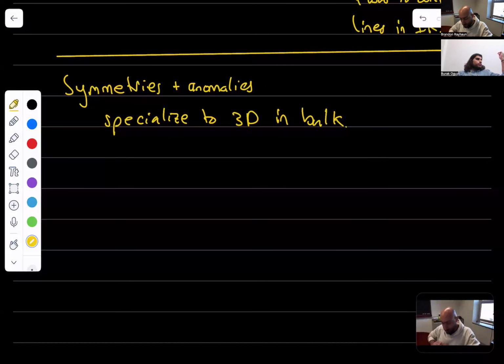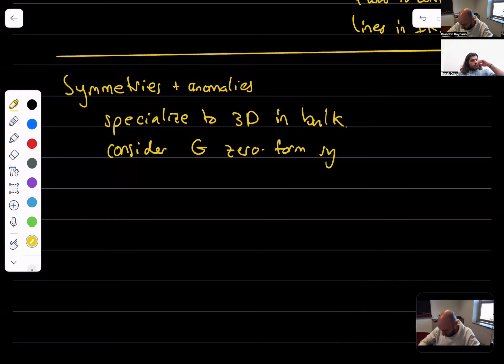And also for concreteness, I want to only consider ordinary zero-form symmetries. So in principle, you could consider things like non-invertible symmetries, higher form symmetries, but let's keep things very simple and just suppose we have some zero-form symmetry in the bulk, some standard symmetry.